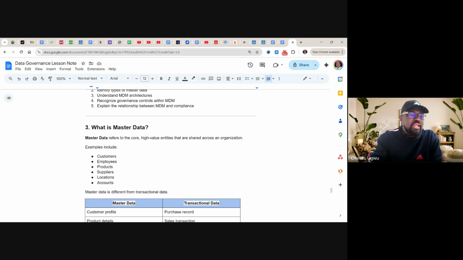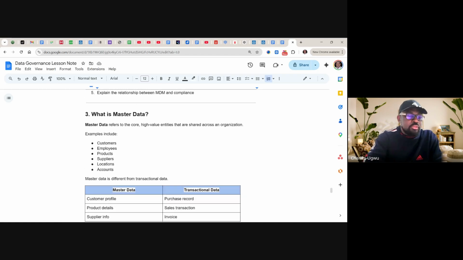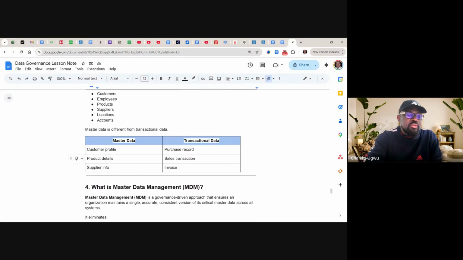So master data is different from transactional data sets. Master data is the customer profile; transactional data is the purchase record.